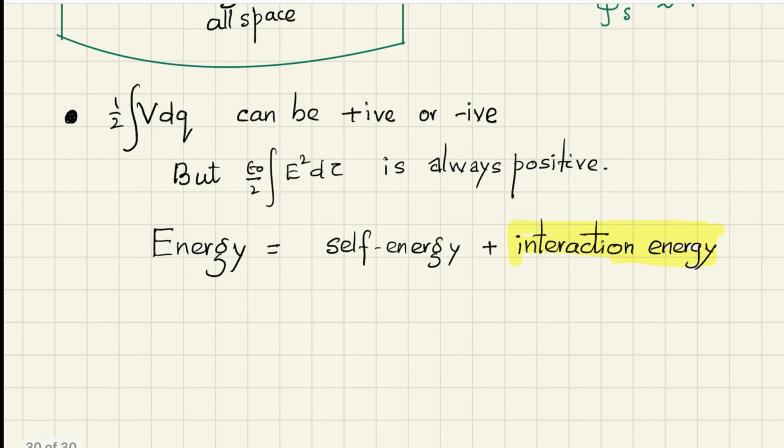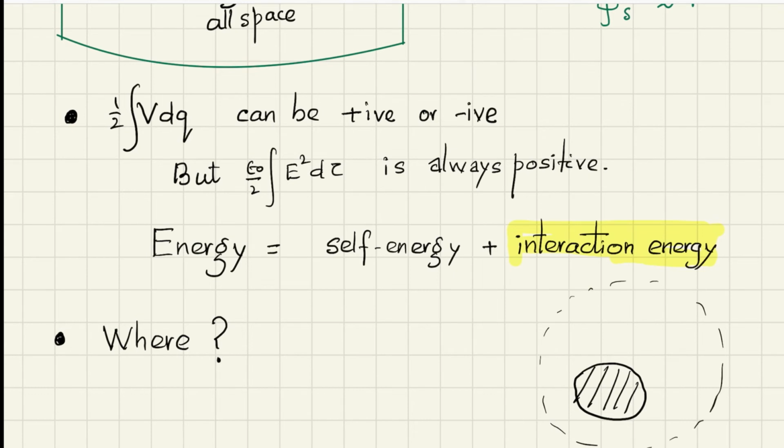Now the next question is, where is the energy stored? Is it stored in the field, or is it stored in the charge distribution? If suppose this is the charge distribution, when I'm integrating over this, it looks like the energy is stored here, or is it everywhere in space? So where is it located? Well, in some sense, that's not the right or meaningful question.